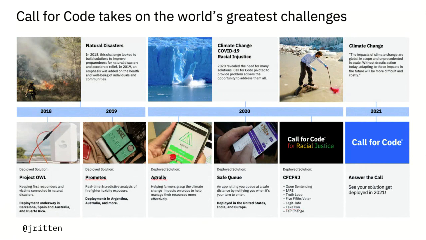For instance, Project OWL is being used in Spain, Australia, and Puerto Rico. They're actually using it to help people in natural disasters. It's deployed. Prometeo is in Argentina, Australia, and some more countries as well.